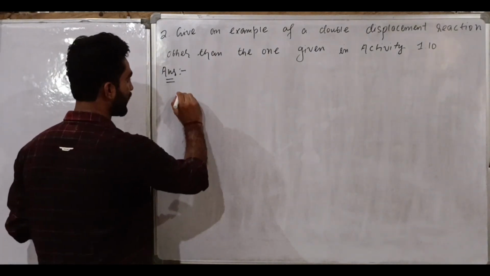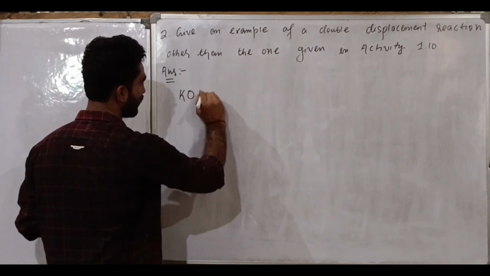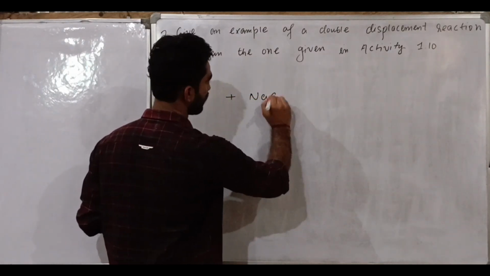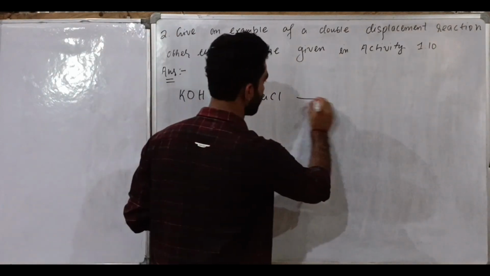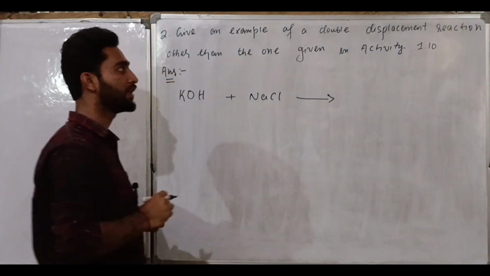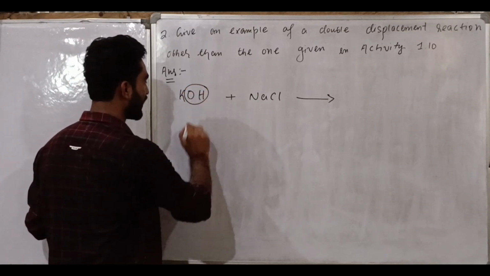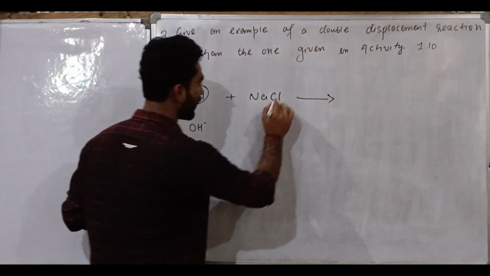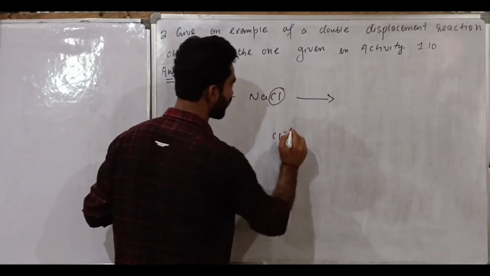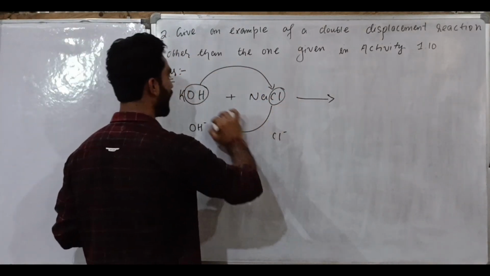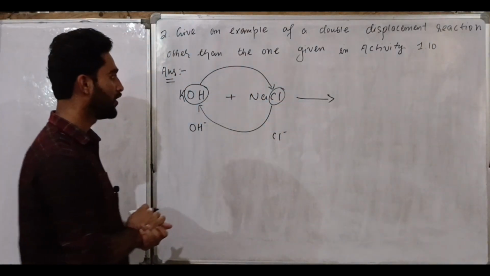So what we can write, for example, potassium hydroxide reacts with sodium chloride. Now, according to the definition of the double displacement reaction, we know that the ions of the two reactants exchange places. Here the ion is OH negative ion, here this one is chloride negative ion. So this OH will go in place of chlorine and the chlorine will come in place of OH.